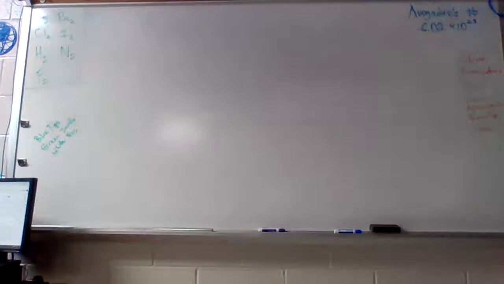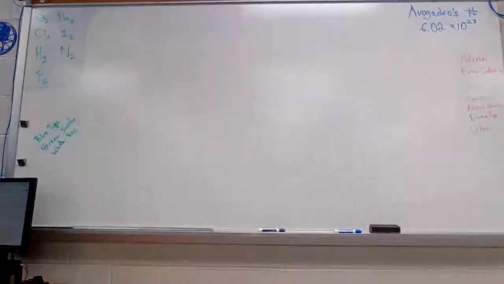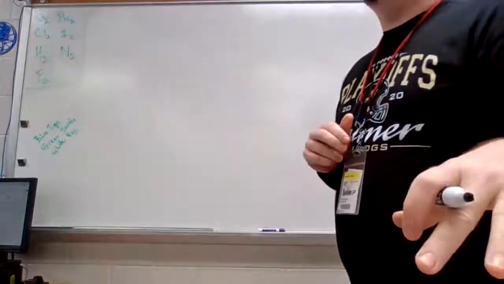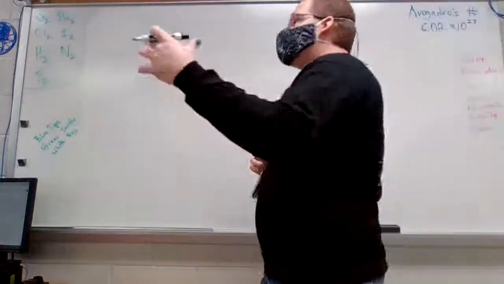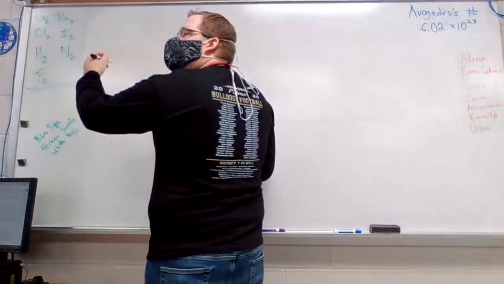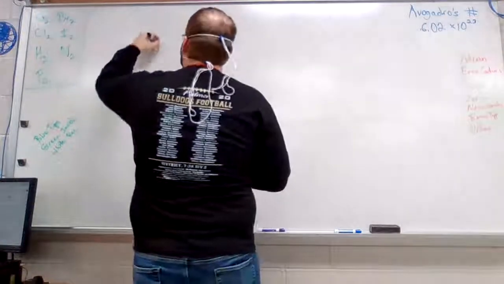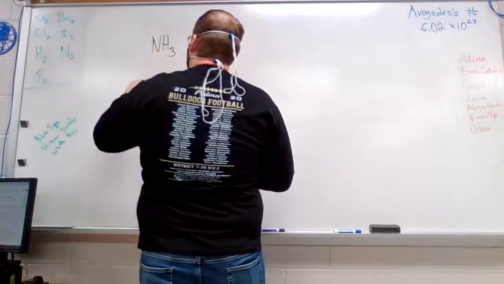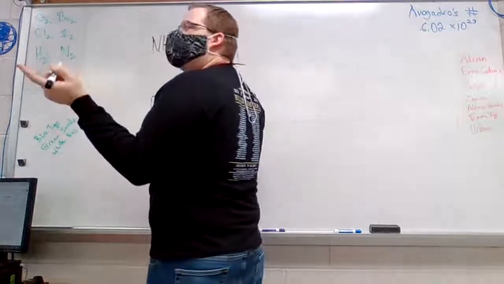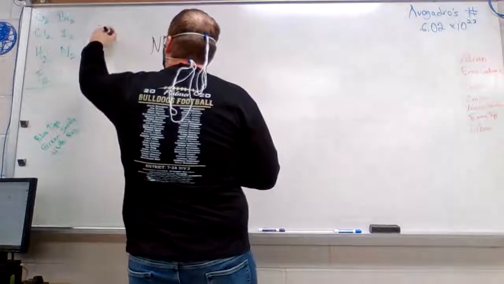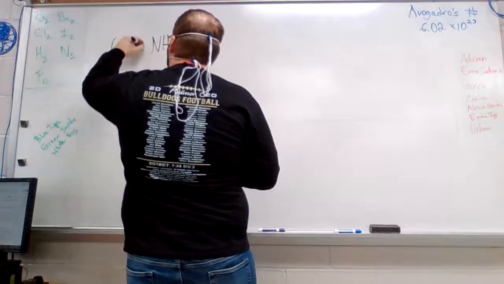So number 4, they give me 69.3 grams of each chemical. So what is my starting chemical? And for those at home, this is number 4. My chemicals are NH3 and O2, and I have 69.3 grams of each of them.